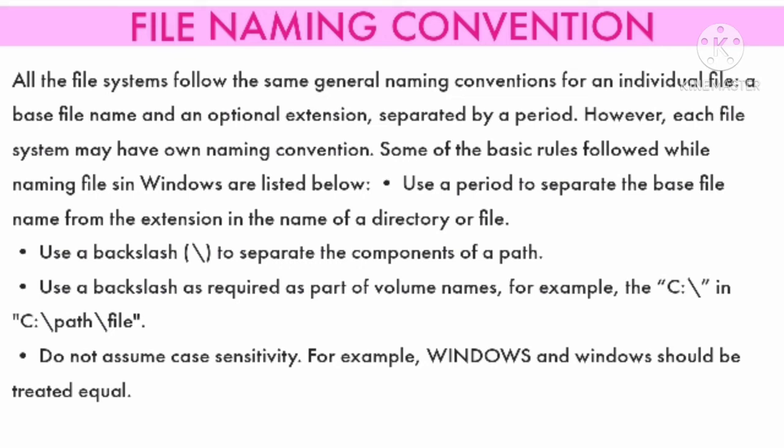Some of the basic rules followed while naming files in Windows are listed below. Use a period to separate the base file name from the extension in the name of a directory or file. Use a backslash to separate the components of a path. Use a backslash as required as part of volume names.